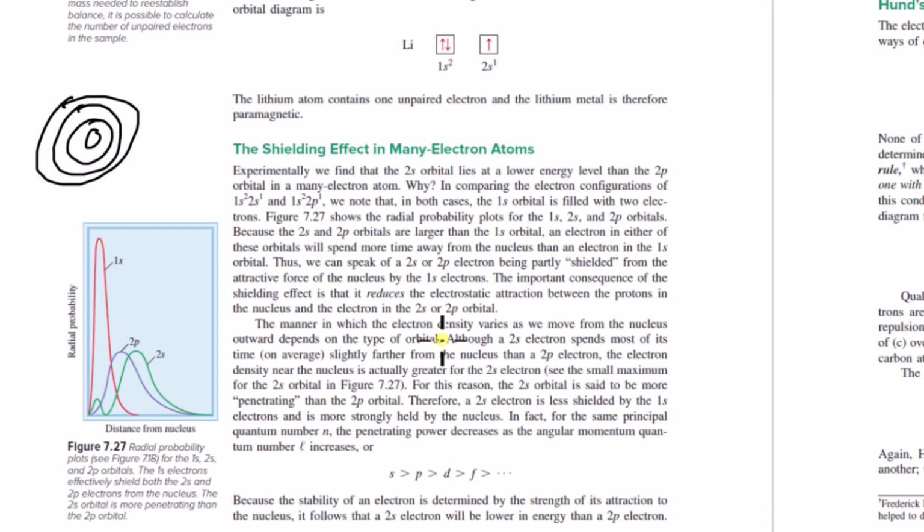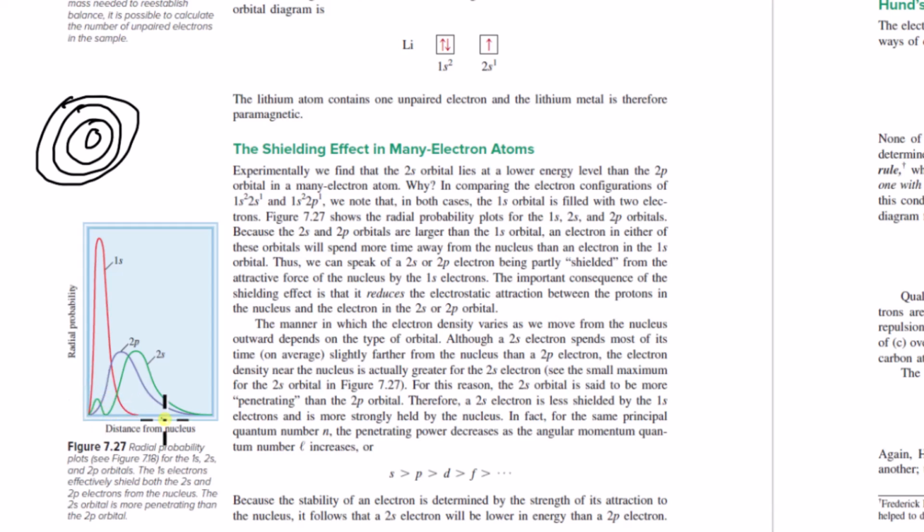The manner in which the electron density varies as we move from the nucleus outward depends on the type of orbital. So these curves here are going to depend on the type of orbital. Although a 2s electron spends most of its time on average slightly farther from the nucleus than a 2p electron, the electron density near the nucleus is actually greater for the 2s electron because of this peak here.